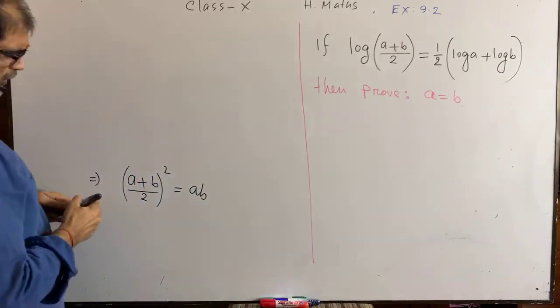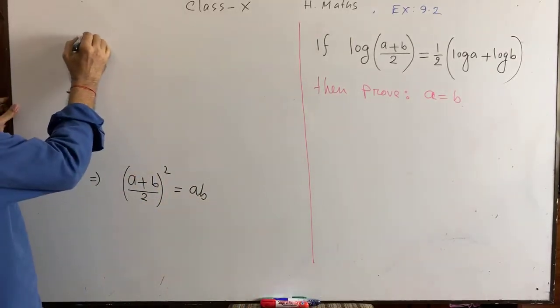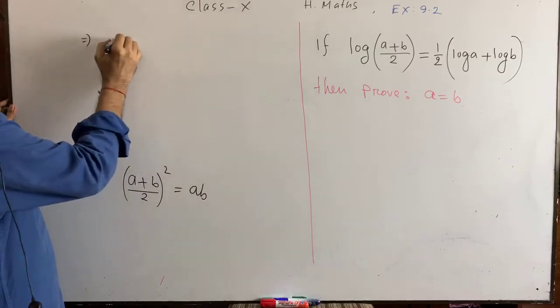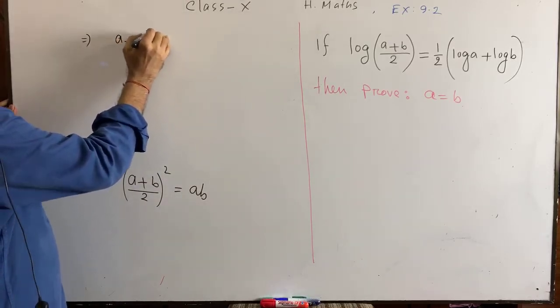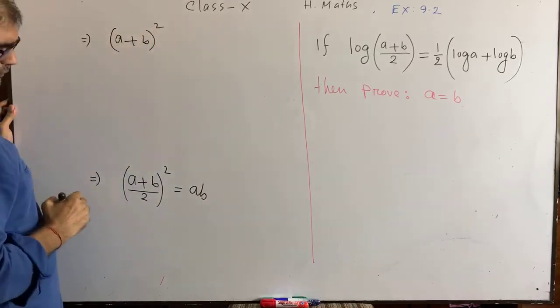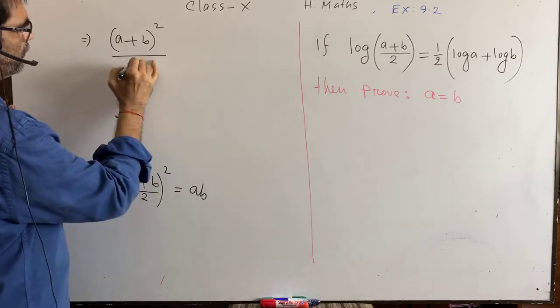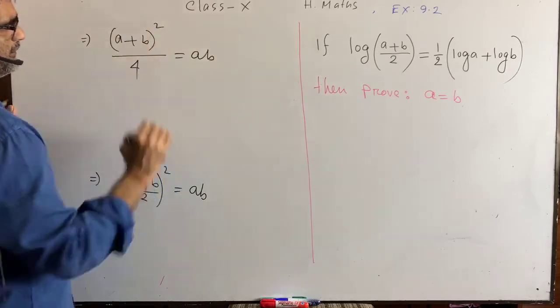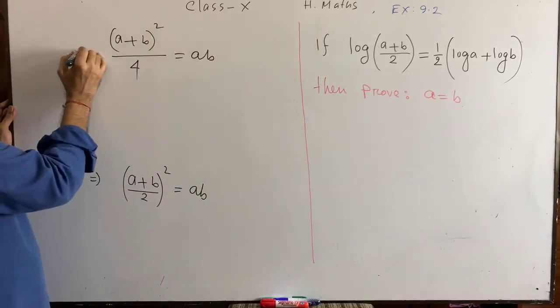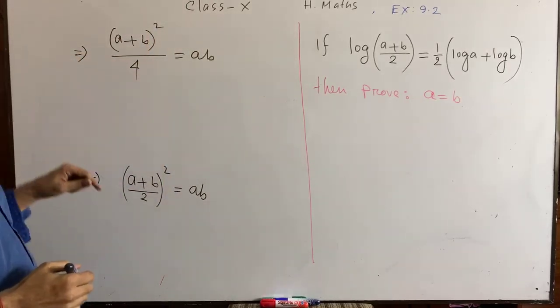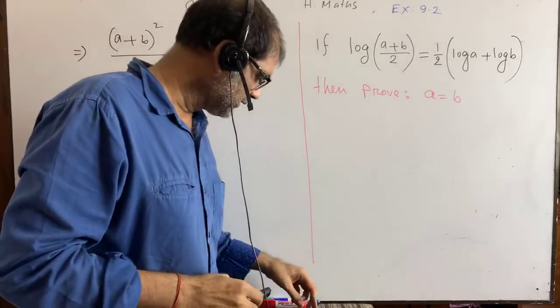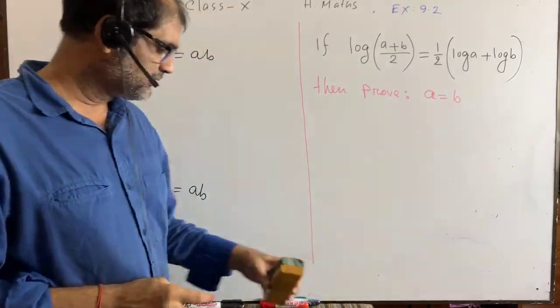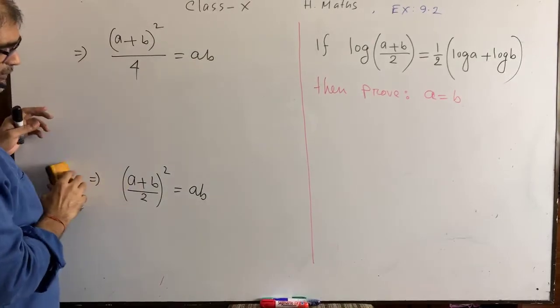Now what should we do? From here we can write down a plus b whole square by 4 is equal to ab. Very easy and simple, right? Yes, it is the math like you did in class 8, this type of math.